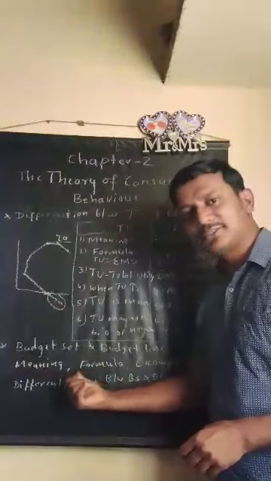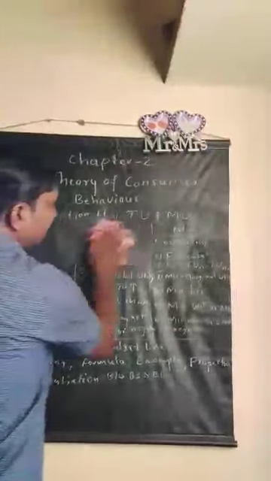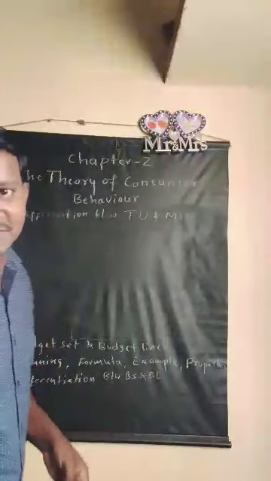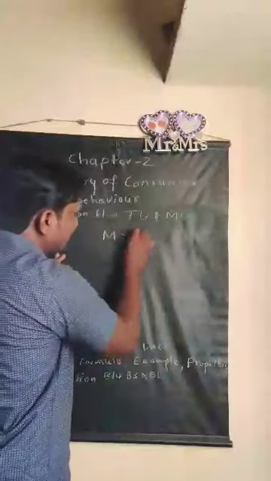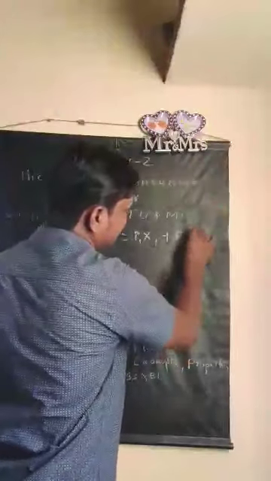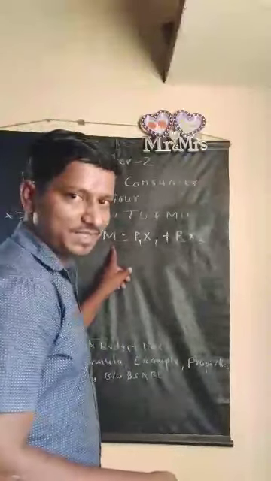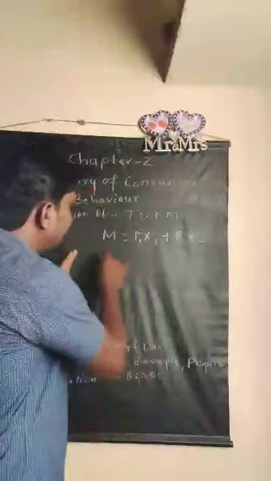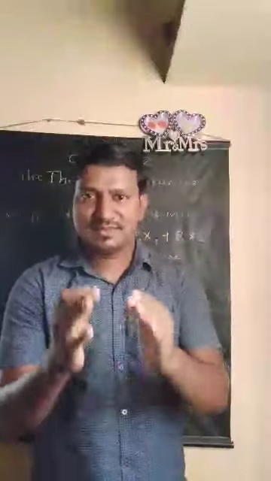To find this, we have a formula again here. To find this particular budget set, we have a formula for how we write and estimate the budget for purchasing different commodities: M = P1 X1 + P2 X2. Where M is the income, the total income which is there with the consumer.